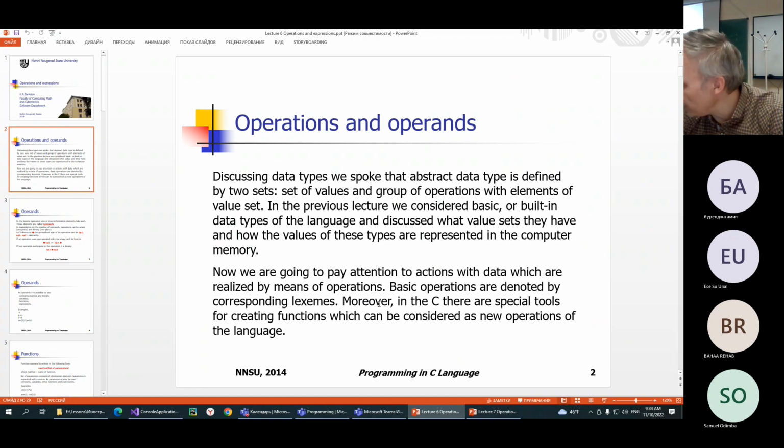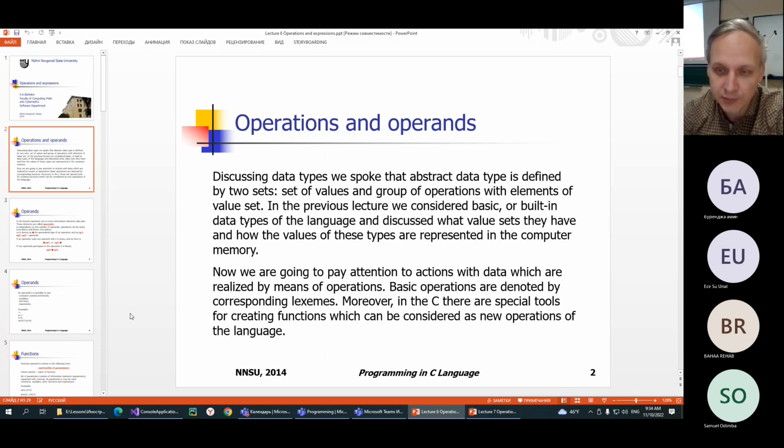And all of these operations are denoted in a programming language by corresponding lexemes, meaning one or several signs that correspond to the operation.